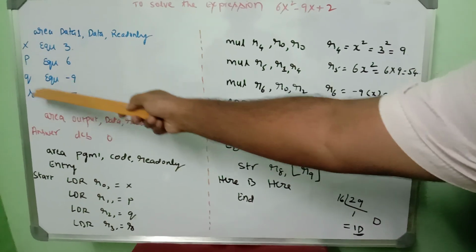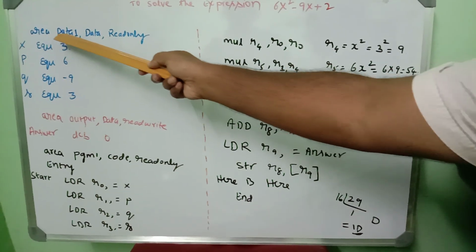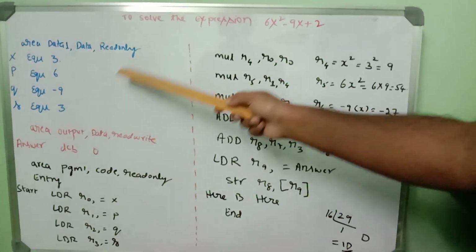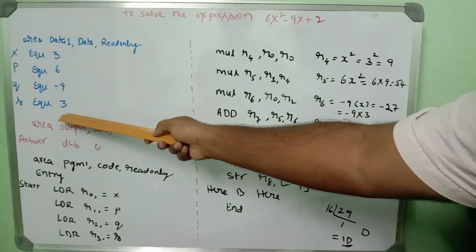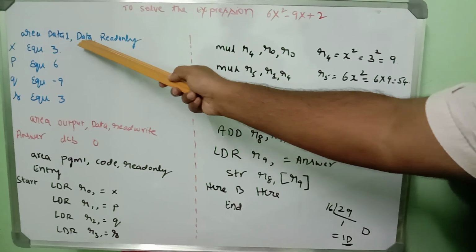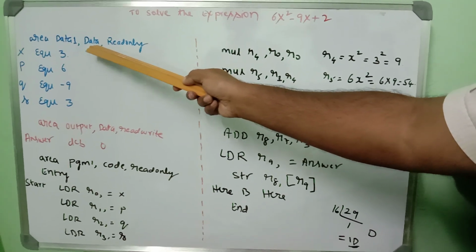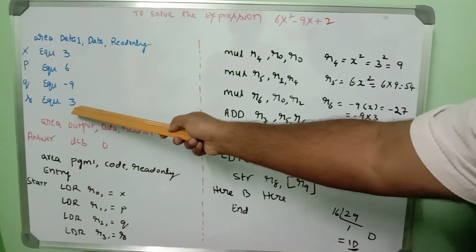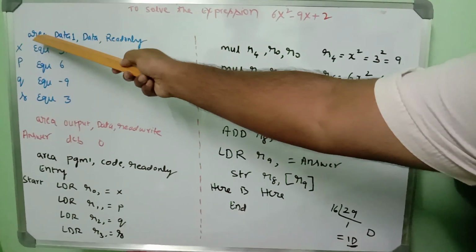So this is one segment which I have called data 1. That segment exists in read only and consists of only data, so I have used the assembler directive data. So data 1 is the segment created for me using a block of memory with the assembler directive area.